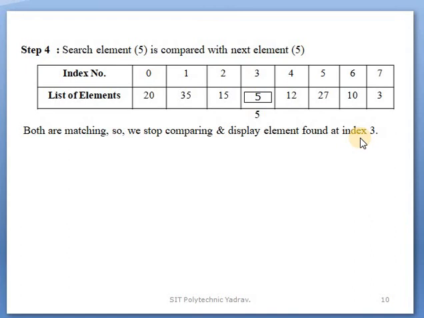It displays the index, meaning the position in memory where that element is stored in the list. In the third position, because the array starts with position 0, 1, 2, 3, and at the third position the element 5 is present. So it displays the index, stops the comparison and exits that loop. Okay.